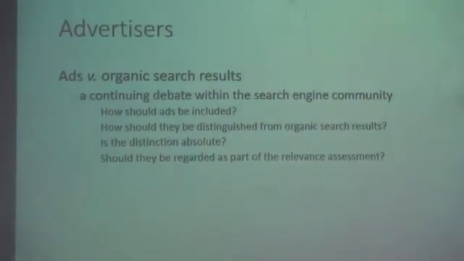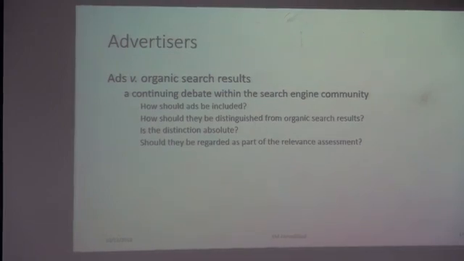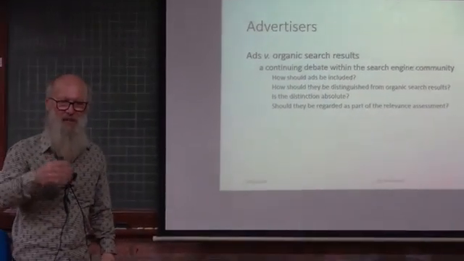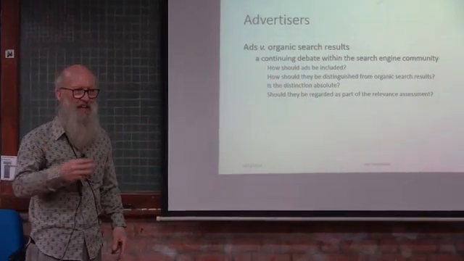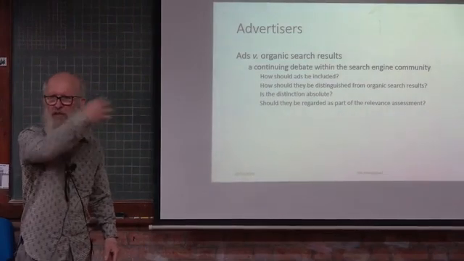But this doesn't always make sense, because one of the things about web search is that you can use it for things for which advertisements are appropriate answers. So if you're looking for a new camera, it's not ridiculous to say advertisements for cameras should appear on that. So there's a question about what you should do with advertisements, and most of the web search engines now, if they categorize the search as being a product kind of search, will put advertisements right at the top of the ranked list.